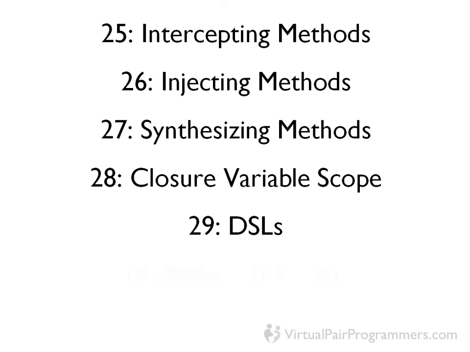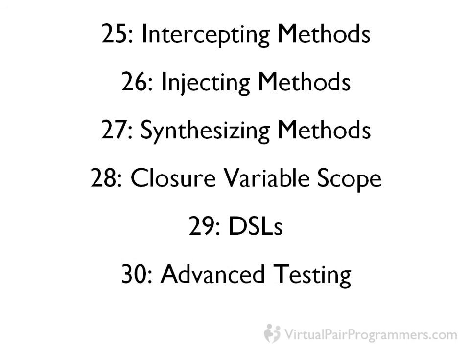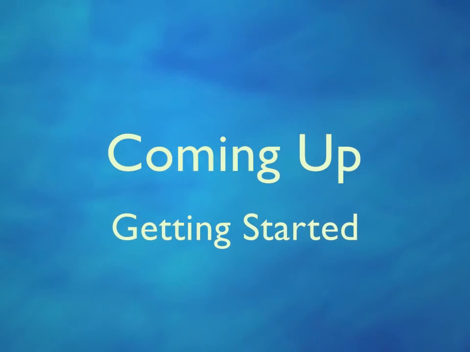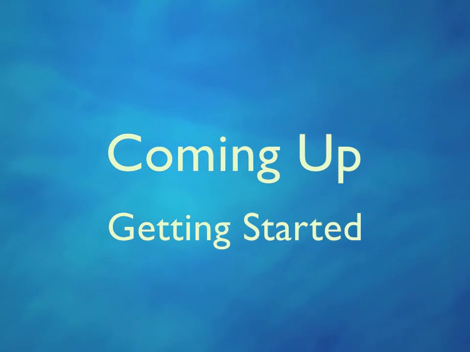Chapter 30 revisits unit testing in a more advanced way with stubs, mocks and expandos, and then in chapter 31 we'll be packaging our application for deployment, and there's a summary at the end of the course. Well, I hope you're ready to get started, so I'll see you in chapter 2.